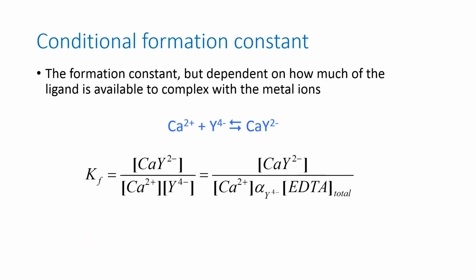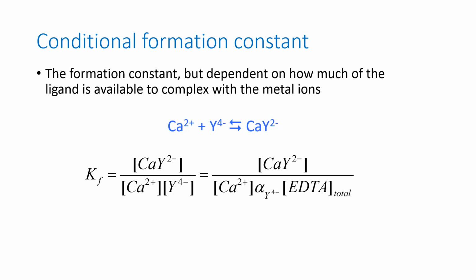And the way that we do that is with the conditional formation constant. And this acknowledges this fact that some EDTA in solution can't bind to calcium to form the complex. Only EDTA that's in the Y4- state, so Y being EDTA in that equation, can complex with the metal ions.